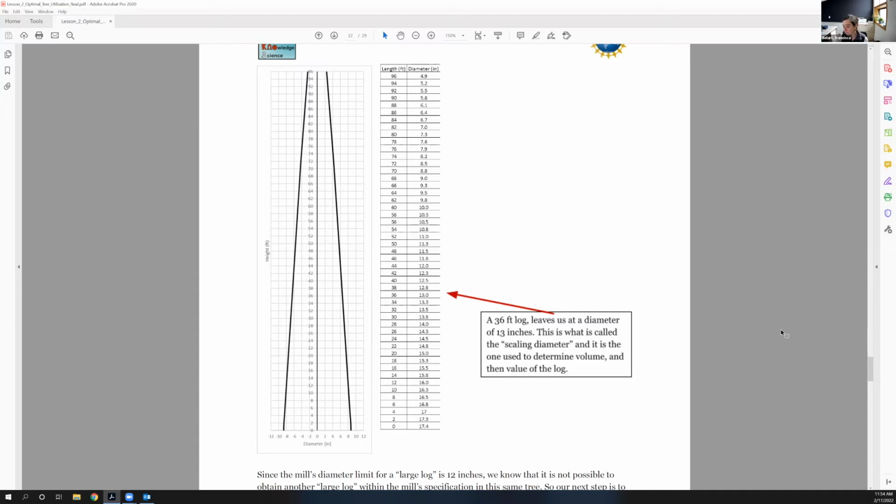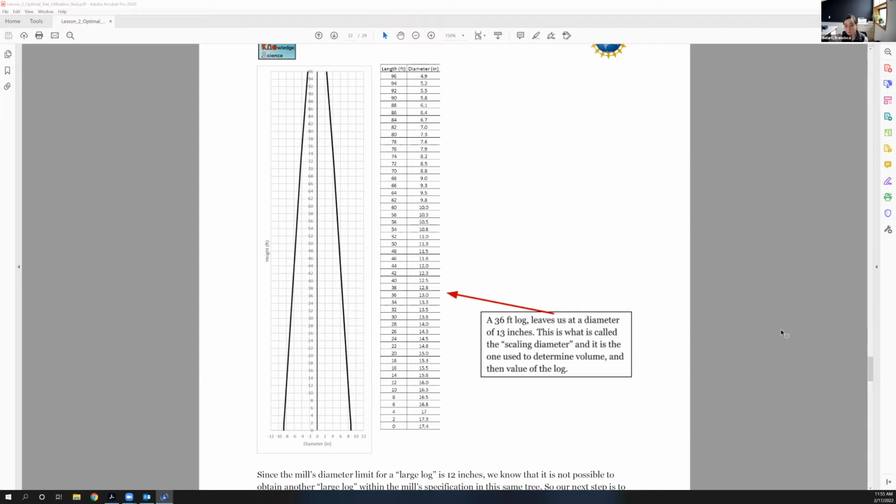So in this case, for this tree, if we want to fit the first log, we want a 36-foot log, then we will see that from the bottom of the tree up, at 36 feet, we get a diameter of 13 inches in the small end of the log.